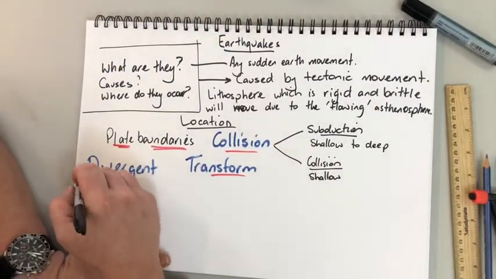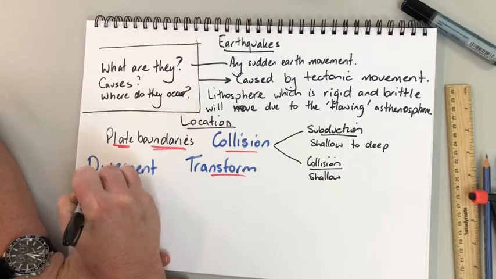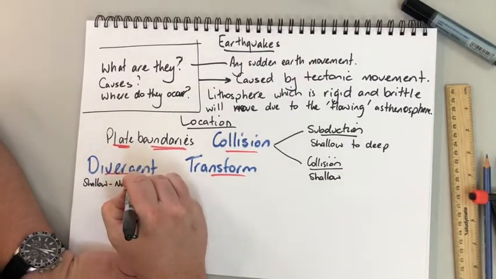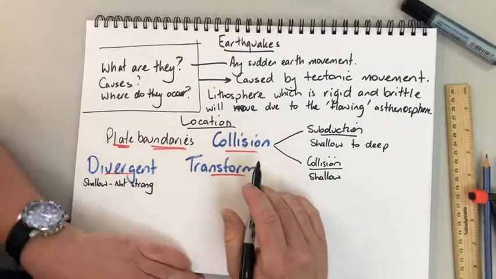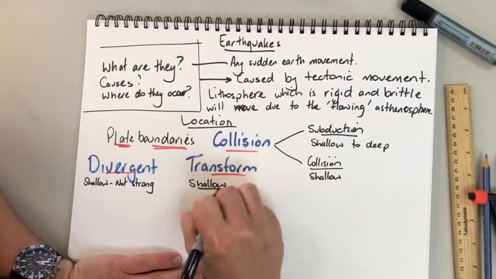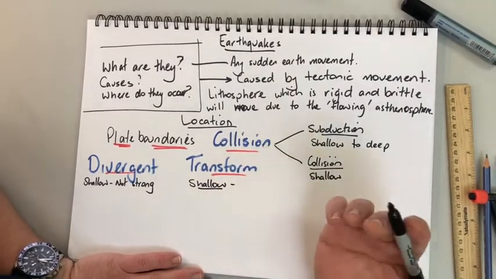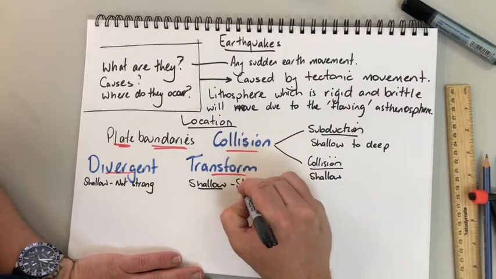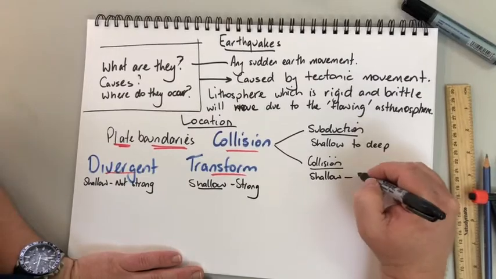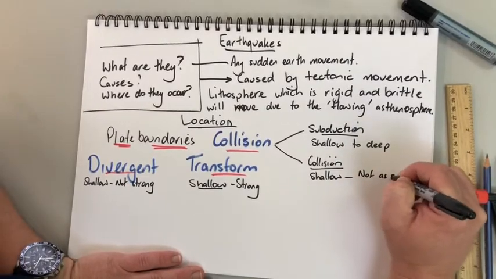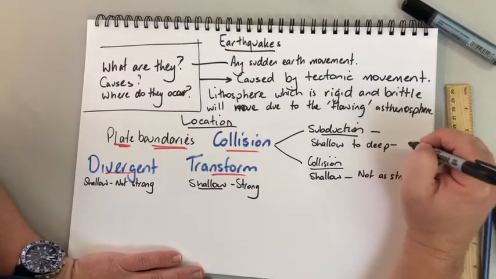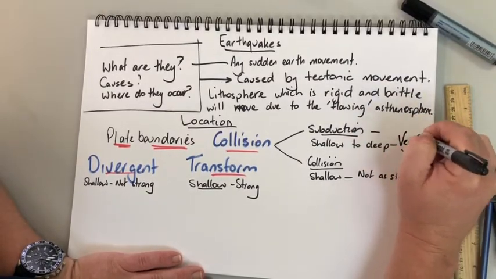In divergent boundaries, they're primarily shallow and they aren't very strong. In transform boundaries, they are definitely shallow. They cannot go deep, but their movement can be very strong. Collision boundaries, shallow, but not as strong. And our subduction boundaries, they can be shallow to deep and very strong.